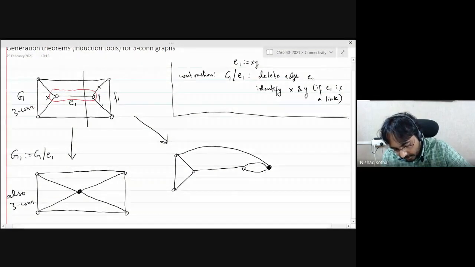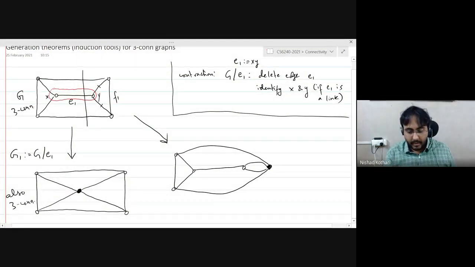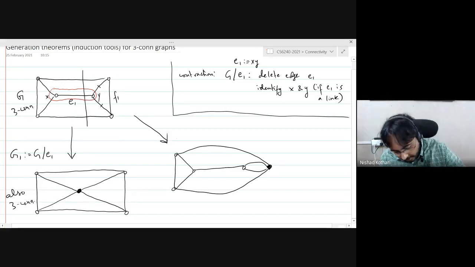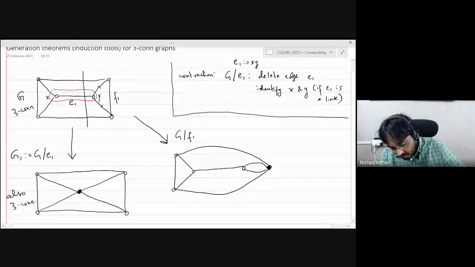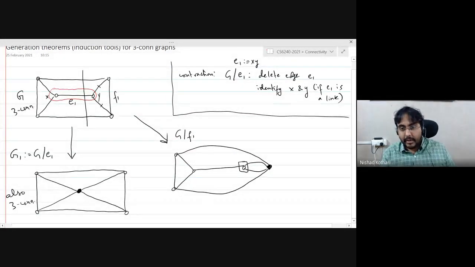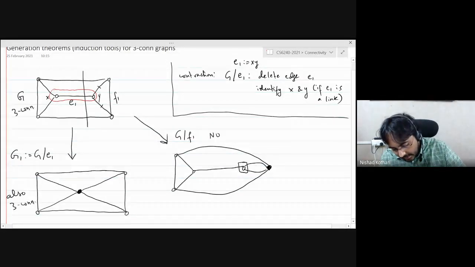Notice that I'm not going to throw away the parallel edges, or if I end up with any loops, I will not throw them either. Okay, so this is the graph G contract F1, and this is clearly not 3 connected because you have a vertex that has only 2 neighbors. When you delete those 2, your graph disconnects. Okay, so in this particular case, you got a parallel edge and your graph is also not 3 connected.